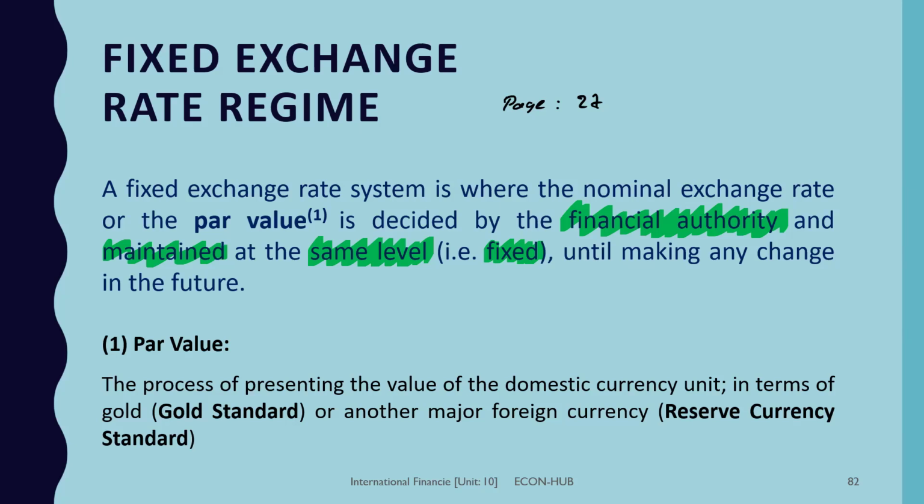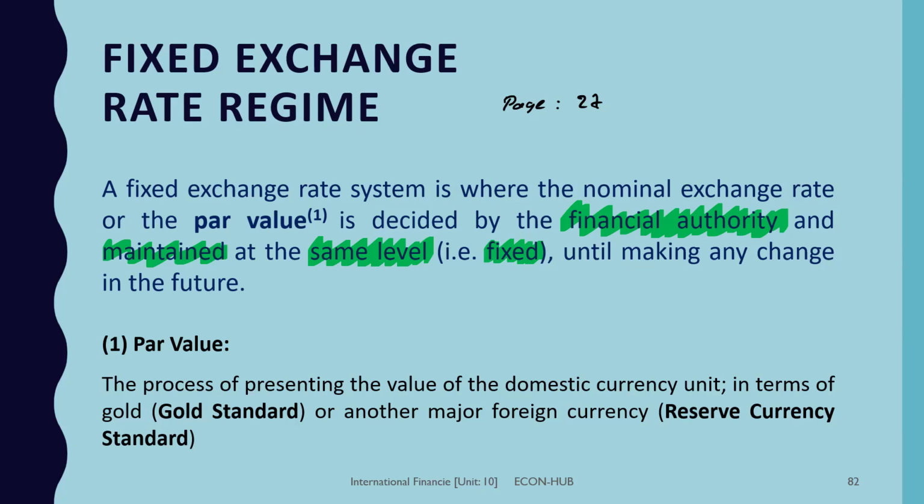What standard? Gold standard. But later on, as our economy expanded, gold being a very precious metal, we can't keep equal value of gold at the central bank and print and issue currency. It's practically not possible, right? Because if you look at the large economies in the world, their money supplies are in billions.